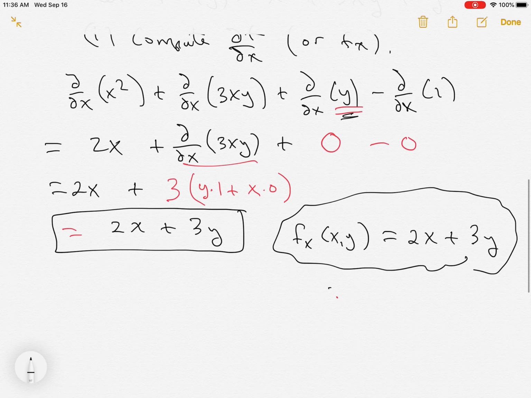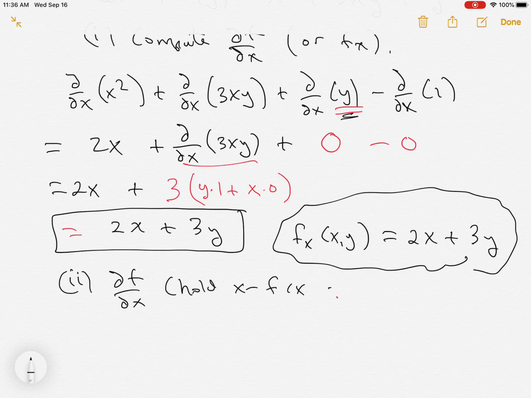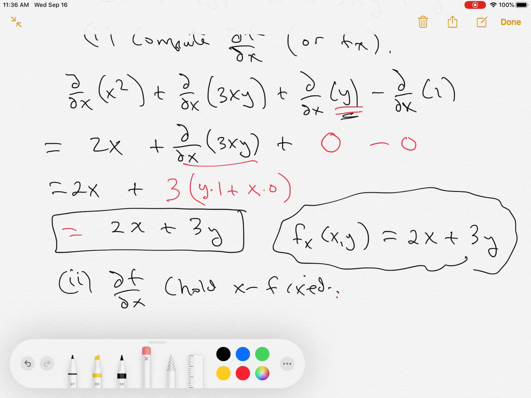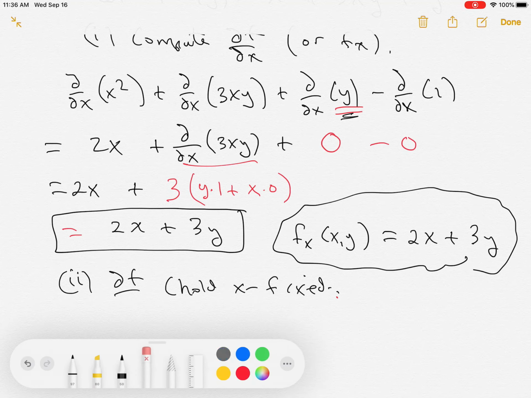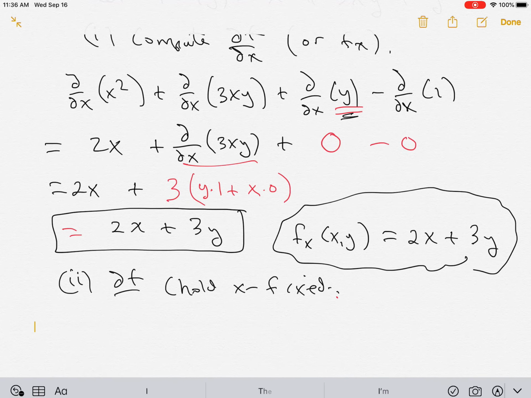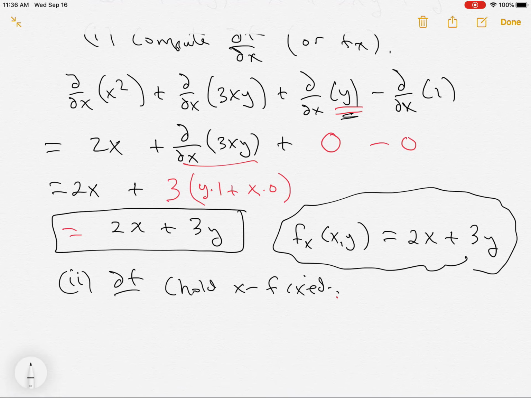Okay, let's do this now with df dy. Now we're going to hold x fixed. Writing out all the steps, I wrote df dx, sorry about that. This is supposed to be df dy, because we've already done df dx.